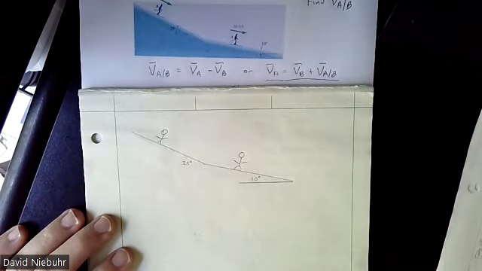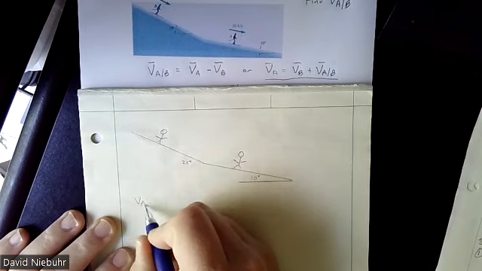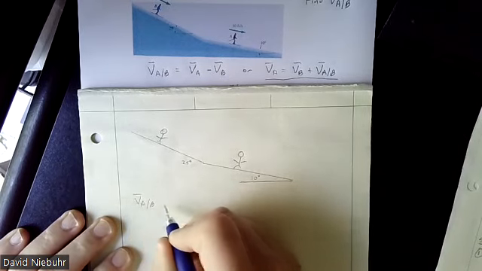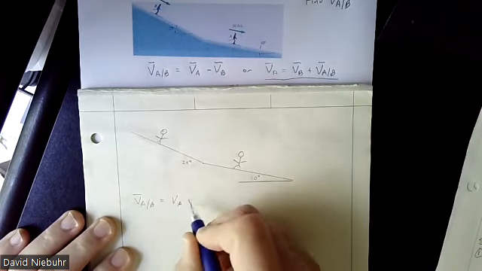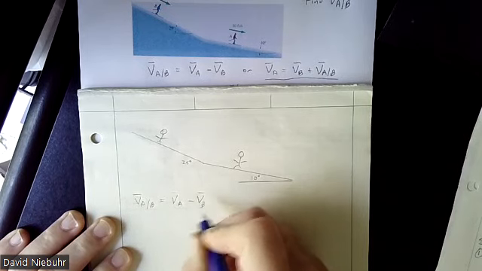So here's my VA relative to B equals VA minus VB.